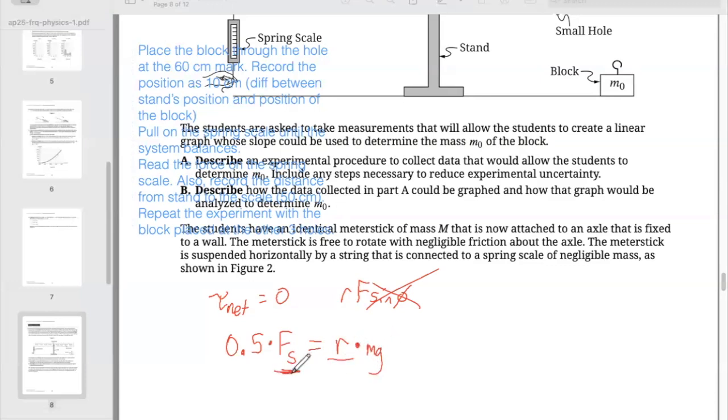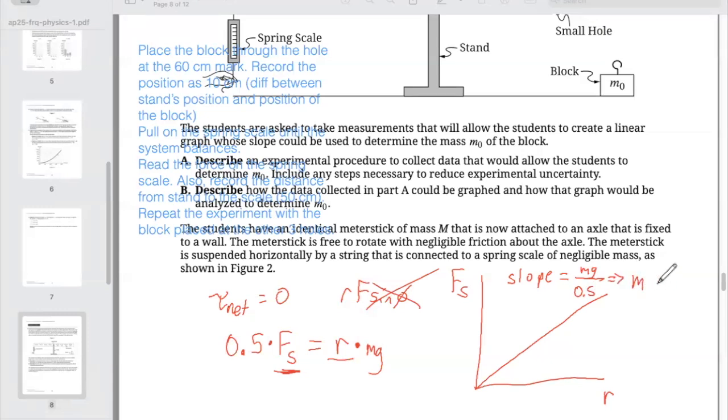We are varying F and r, so you can find m by plotting F on your vertical axis and r on your horizontal axis, and that should yield a straight line with a slope equal to mg over 0.5. Therefore, the mass of your block is equal to 0.5 times the slope divided by g, so slope over 20. There you go. Not too bad.